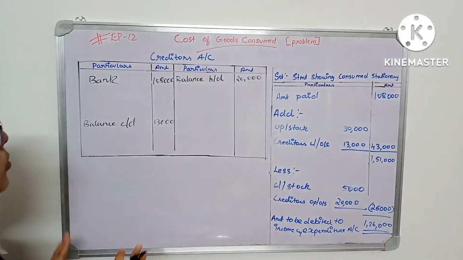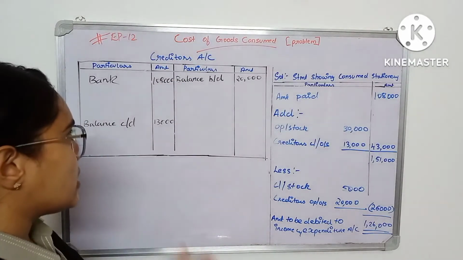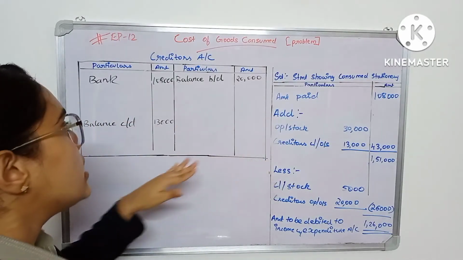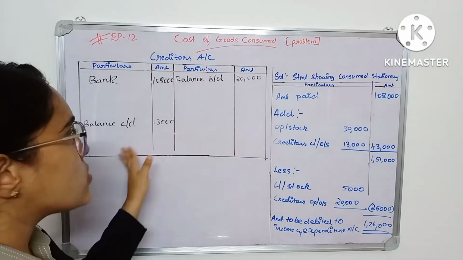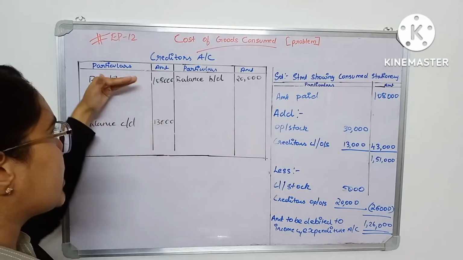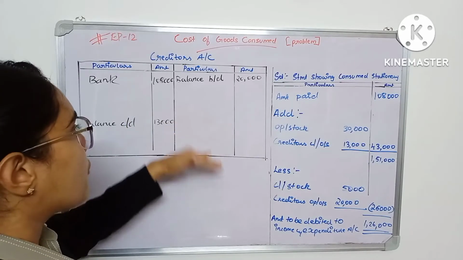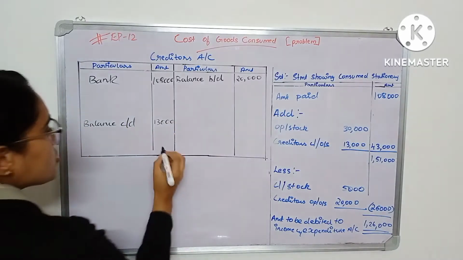Now the next step is to calculate the total. Here these accounts will not tally. Clearly the debit side is greater than the credit side, right? So you have to find out the difference and the total also.